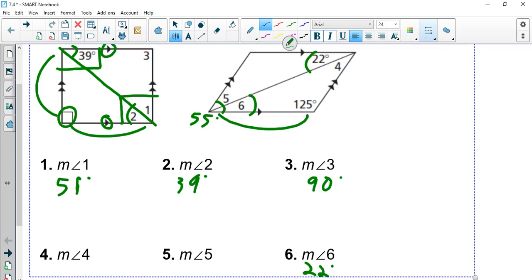Well, if angle 6 is 22, and we subtract, that means angle 5 is going to be 33. Now, opposite angles are equal, so this angle is going to be equal to this angle, which means it's also 55, minus 22 is 33. Or another way is, angle 5 and 4 are alternate interior angles, therefore they're equal.